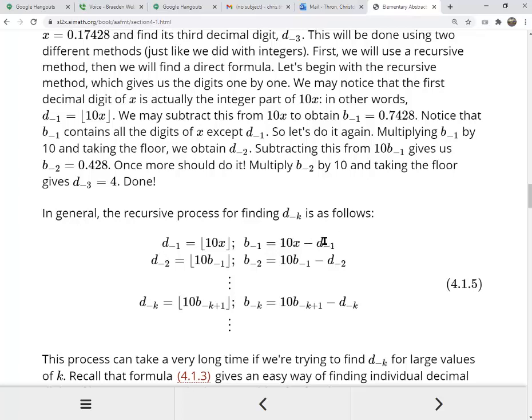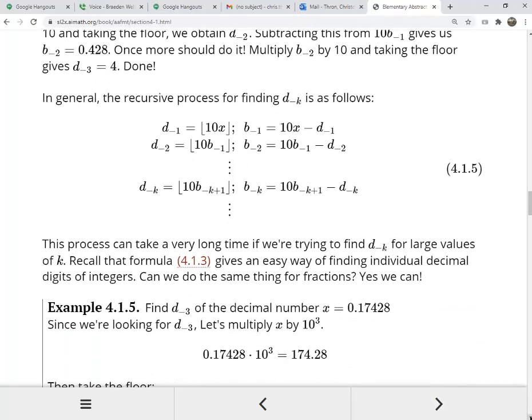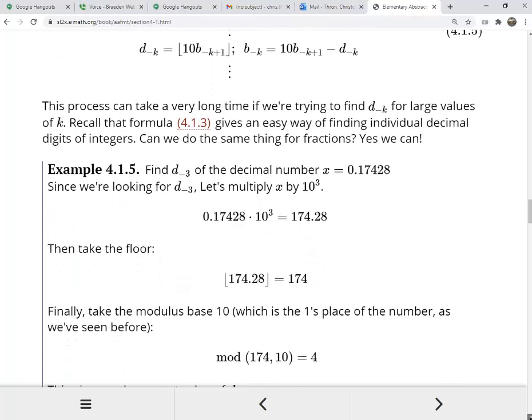And that means the 10th digit of the new number was the 100th digit of the original number. So we repeat the process. We multiply this new number by 10, take the floor, that's going to be our 100th digit. You subtract that off by taking 10b minus 1 minus d minus 2. Okay, so here's my iterative process, recursive process, just like we found a recursive process for finding the digits of an integer number.